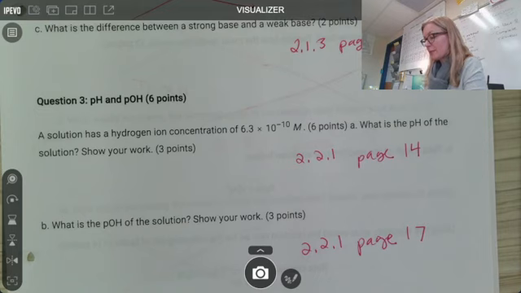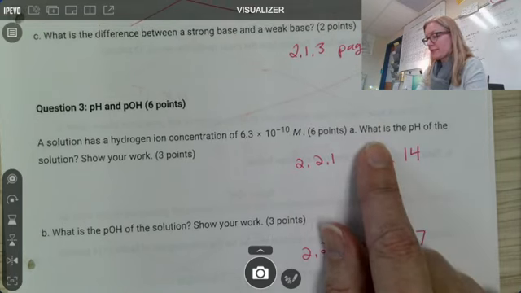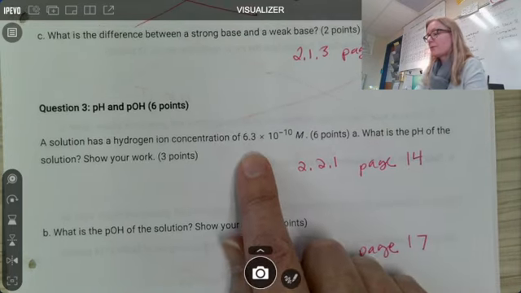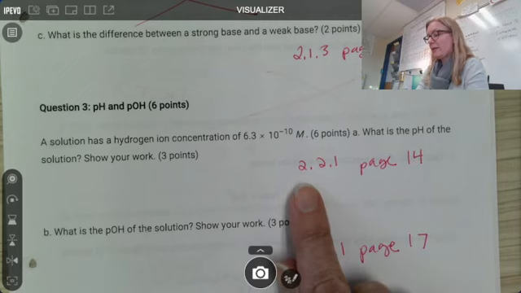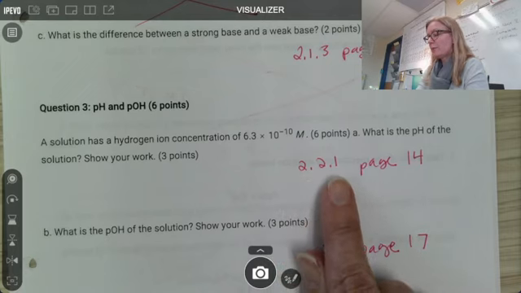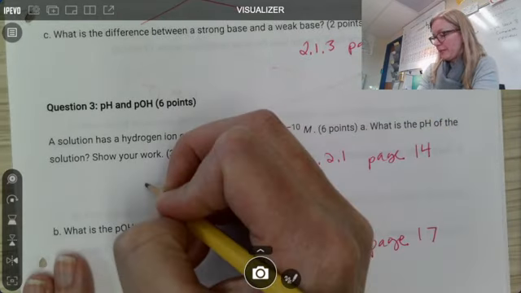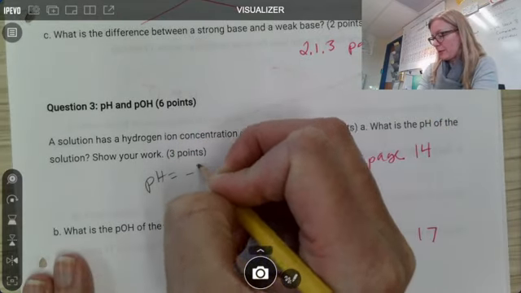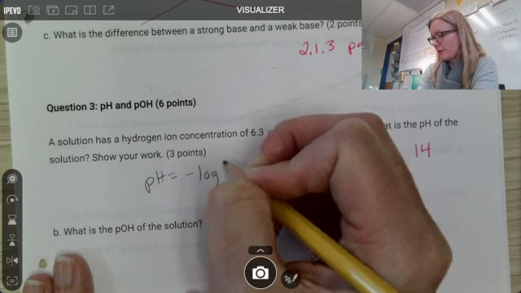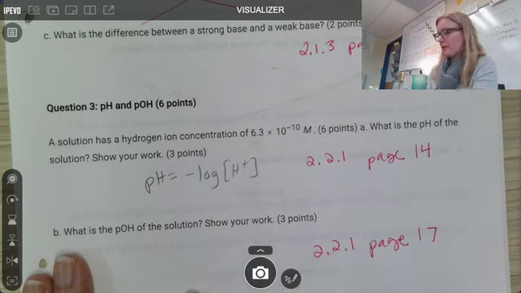The next part, question A, what is the pH of this solution? The formula for pH is in 2.2.1, page 14. Actually, I'll just tell you the formula right now, because I want to show you a couple things. pH equals negative log of the concentration of H+.